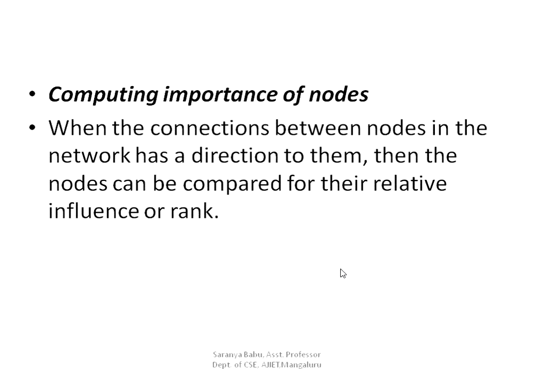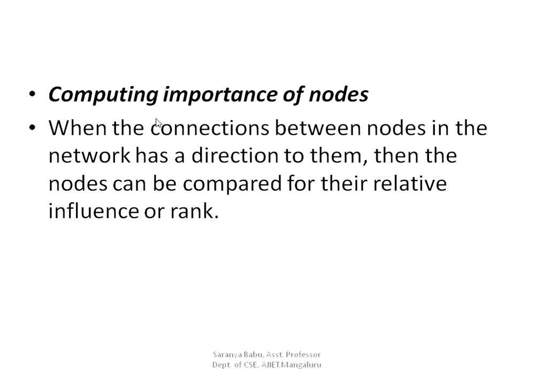When the connections between the nodes in the network have a direction to them, then the nodes can be compared for their relative influence or rank.